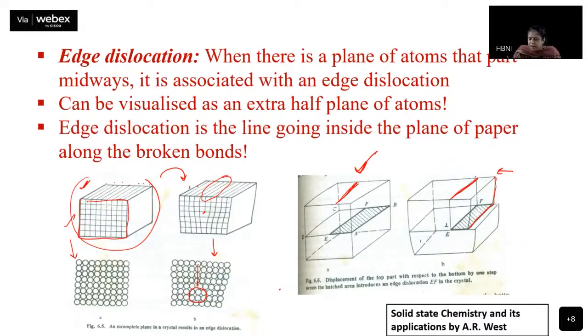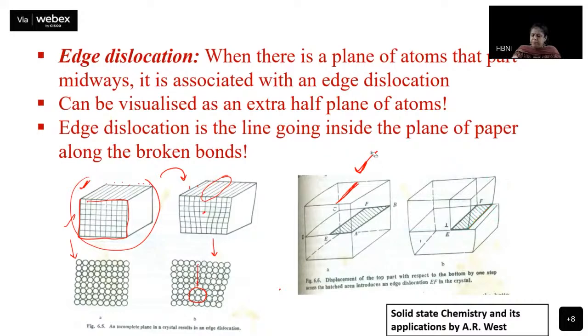But the plane corresponding to this particular line, beyond which we did not let the pressure act, corresponding to it below, there is no line of atoms. And that particular plane is actually hanging. And that particular line, which has not got a partner in the bottom plane, is edge dislocation.